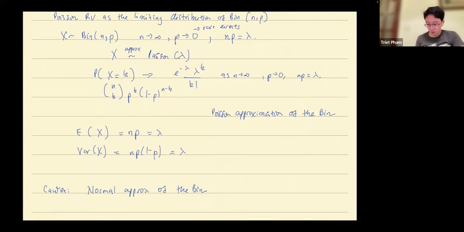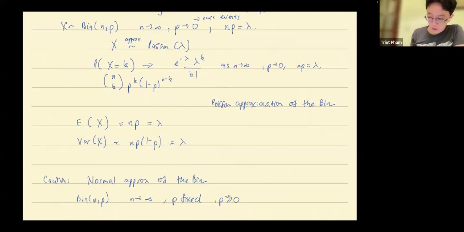The crucial difference is that the normal approximation for the binomial(n, p) works when n goes to infinity but p stays fixed, and typically p is not close to 0, like 0.2 or 0.5. On the other hand, for a Poisson approximation of the binomial, p has to go to 0, so it has to be a rare event, an event with small probability.